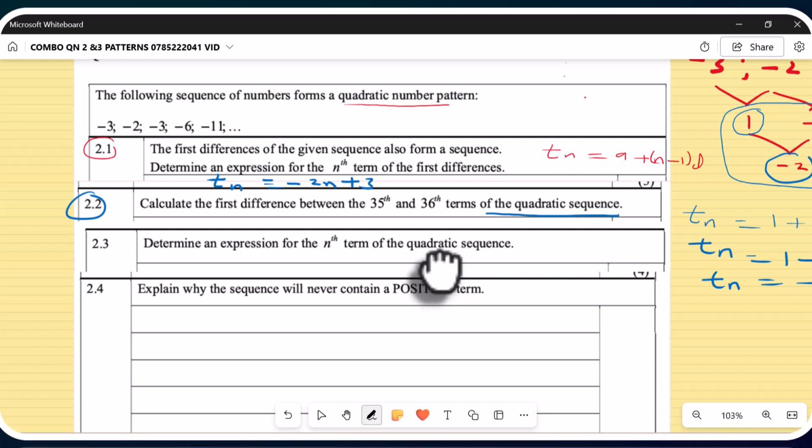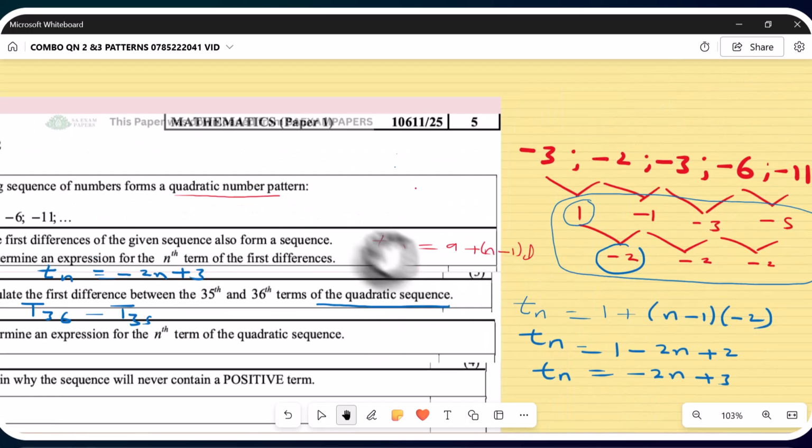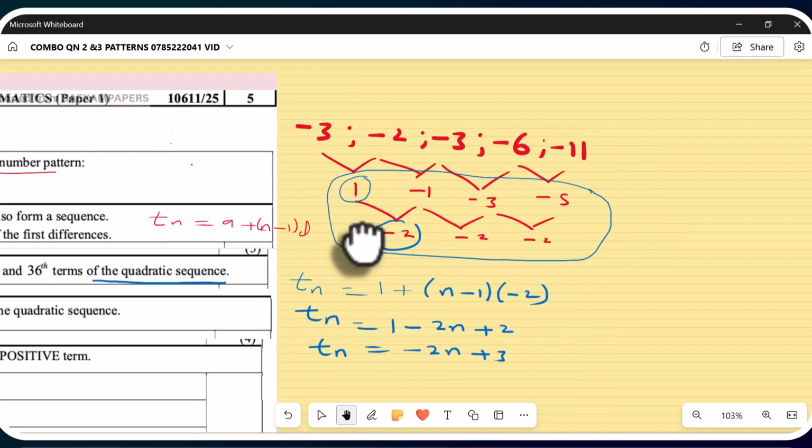Now that's the Tn for the quadratic, and we want to find out the difference between the T36 minus T35.